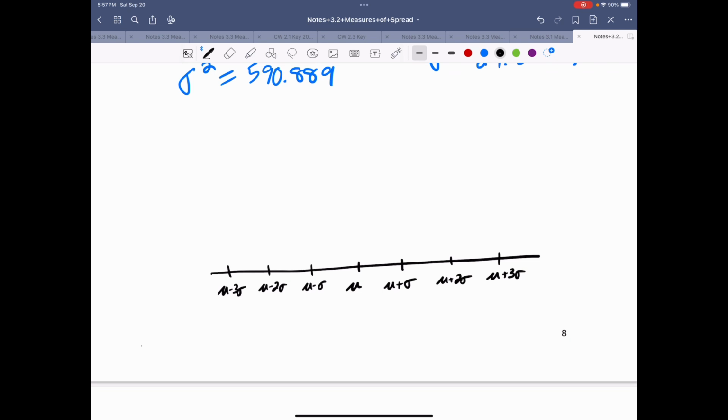Now, the way I draw my curves, I go to mu and I put a point above mu. Go to your mu plus sigma, make a little tiny point about halfway, look at this distance, and about half of that distance. That's not the point you want. Go to the middle of the top half and put a point.